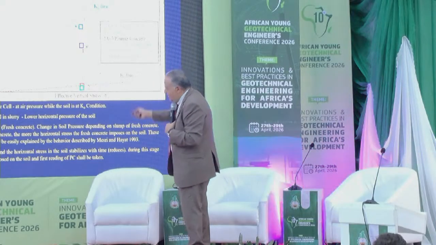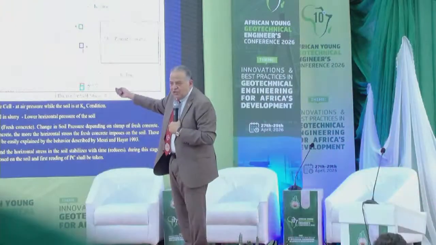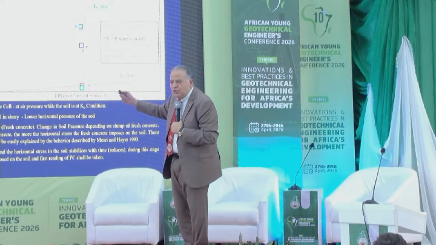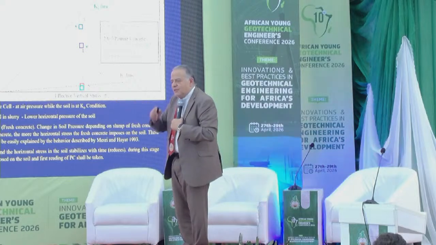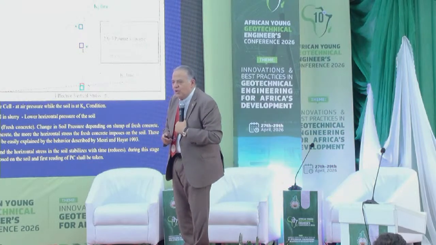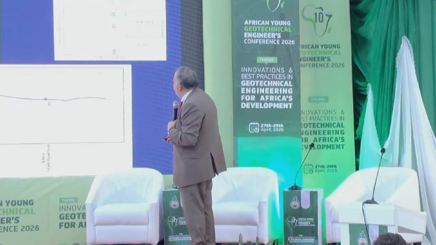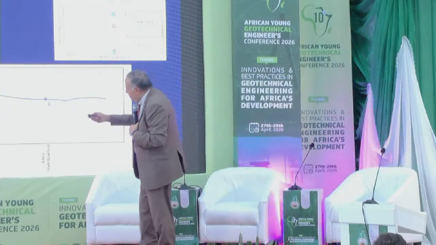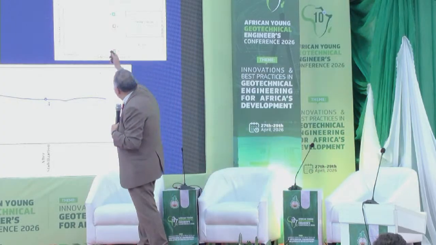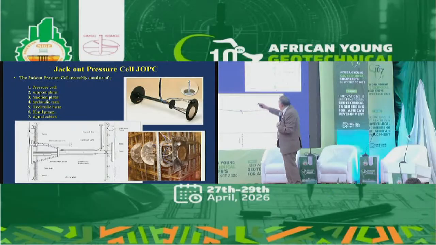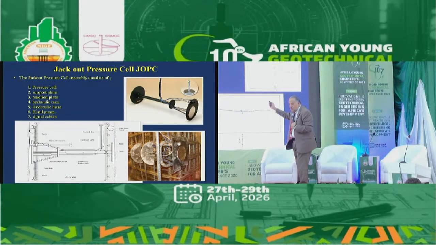These actions or these stages will induce some sort of movement to the soil that I will discuss. And this is the movement pattern. From one, these are the changes in the movement, and also the changes in the horizontal stress.